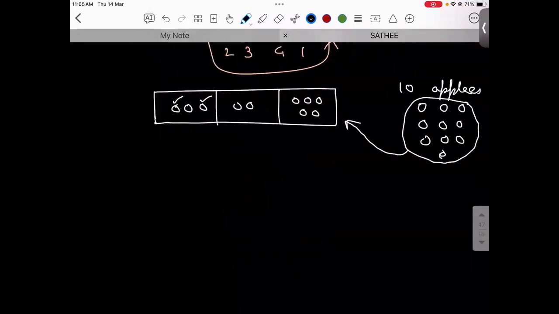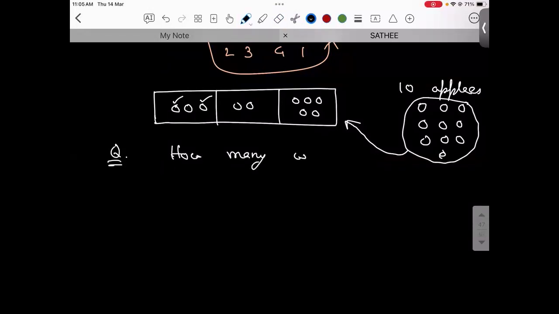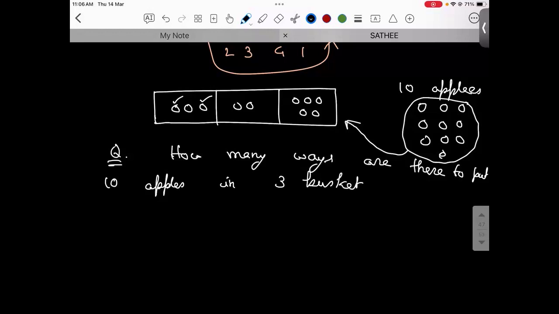Okay. So the question comes here: how many ways are there to put 10 apples in 3 baskets?